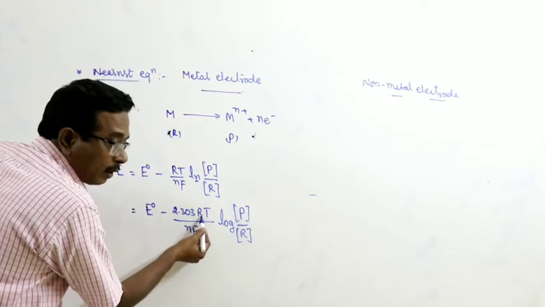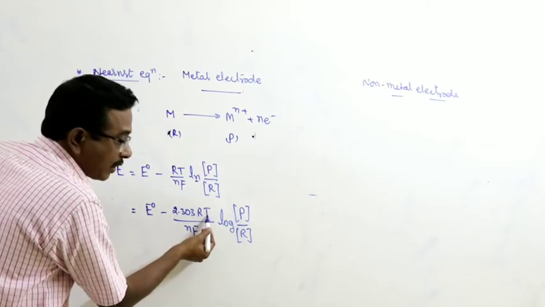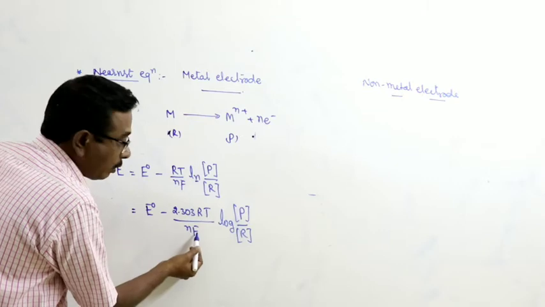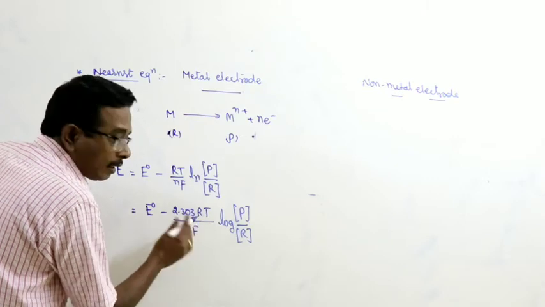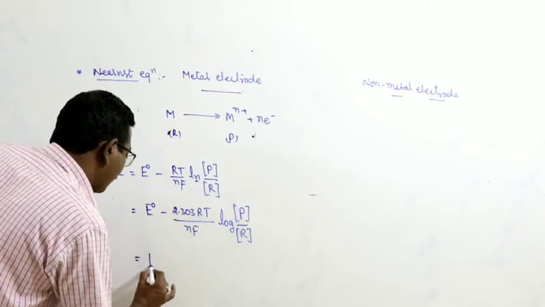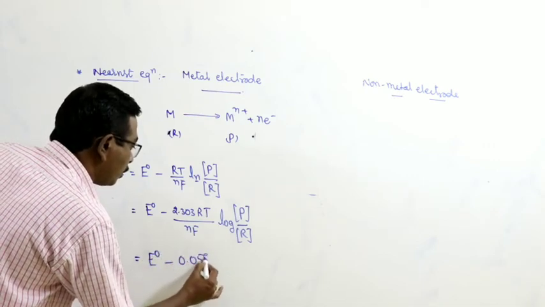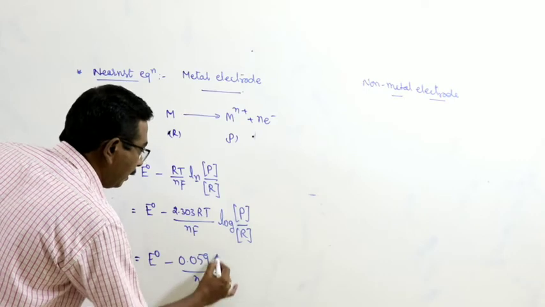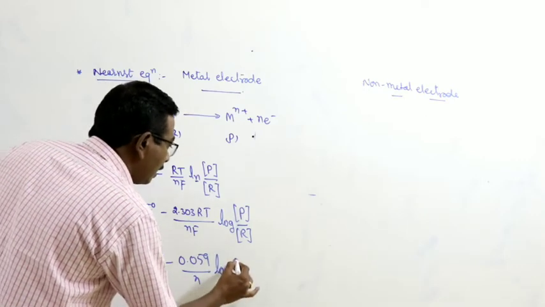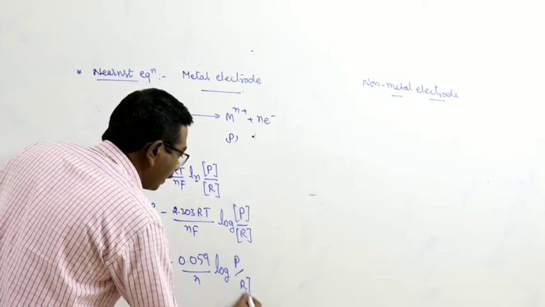Here R is the gas constant, T is the standard temperature, F is the Faraday. These are all constant values. From that we can write E naught minus 0.059 by n into log concentration of the product by reactant.